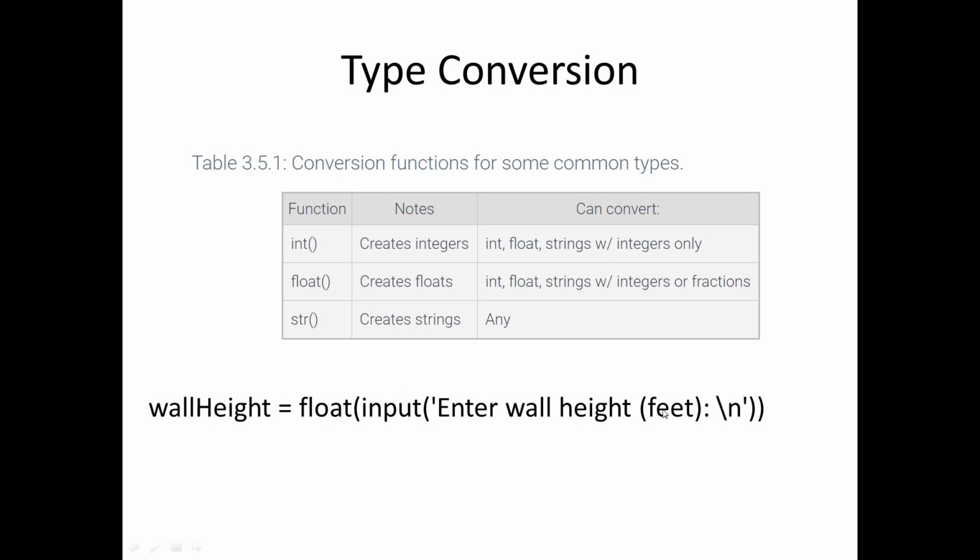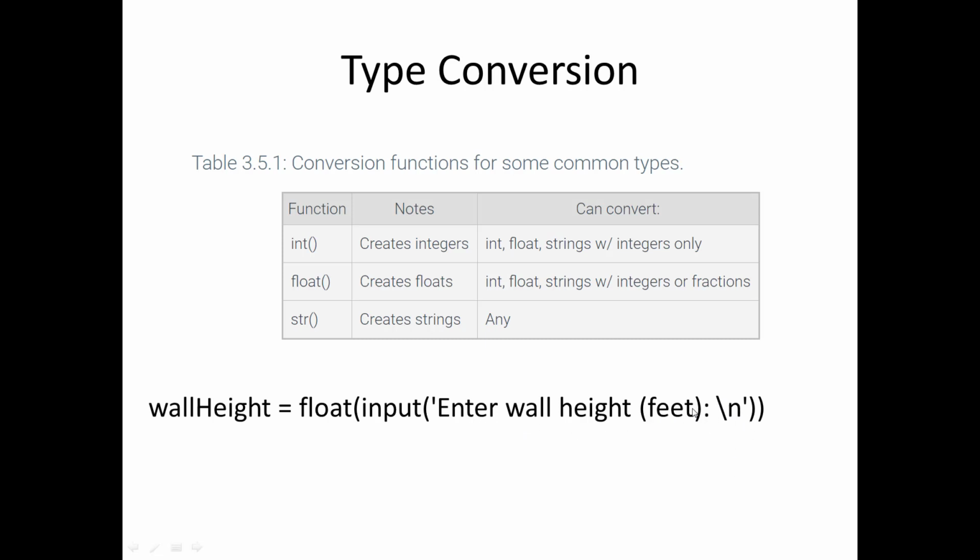We have to get the wall height from our user, so notice the use of the input prompt that we learned about in week 1. We have input, and then we prompt the user to enter the wall height in feet. This \n tells our Python interpreter that after it prints this, it should advance one line.